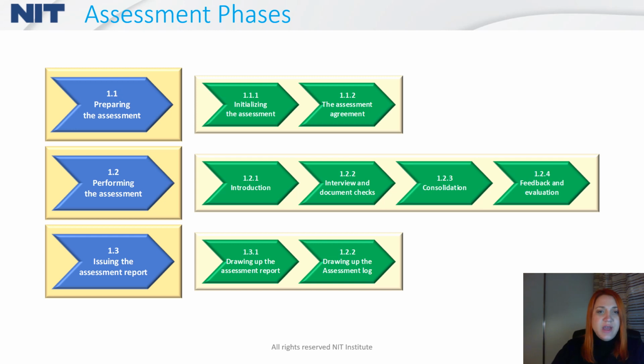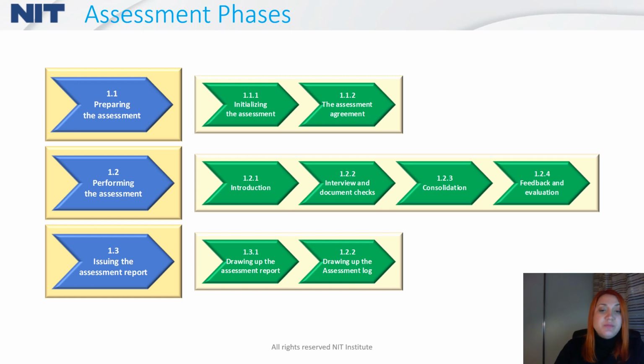Now let's check assessment phases furthermore. In the preparation of the assessment, we have two sub-phases. Initialization of the assessment. Then we need to have the assessment agreement. In performing the assessment, we will have the introduction, interview, and document checks. And we will have, of course, consolidation and the feedback and evaluation.